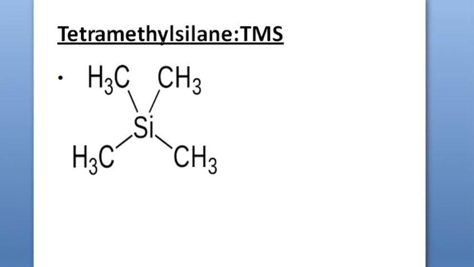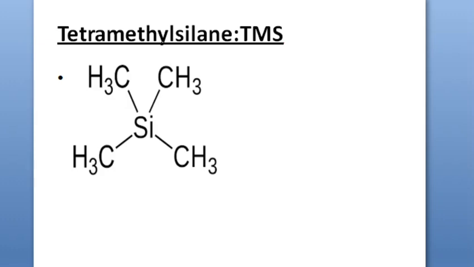Therefore, this tetramethylsilane is the established standard, or it is taken as the internal reference compound for H1 NMR or proton NMR. This tetramethylsilane will give a strong and sharp line from its 12 protons.